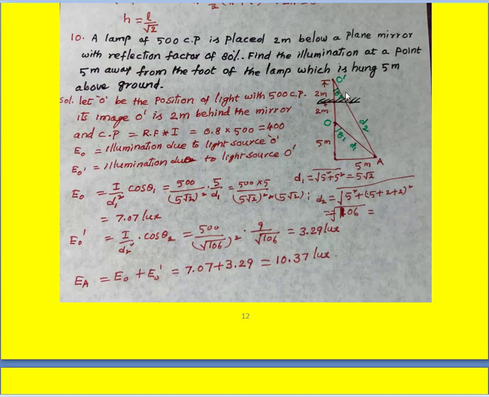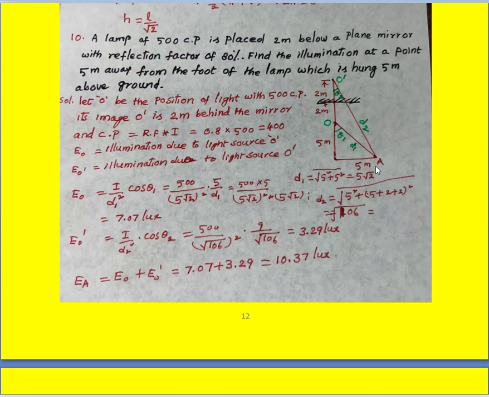The illumination due to the light source O dash, E0 dash, is given by I by d2 square into cos theta 2. To get cos theta 1, d1 and d2, we use this diagram. From this diagram, d1 is root of 5 square plus 5 square, which gives 5 root 2 meters.